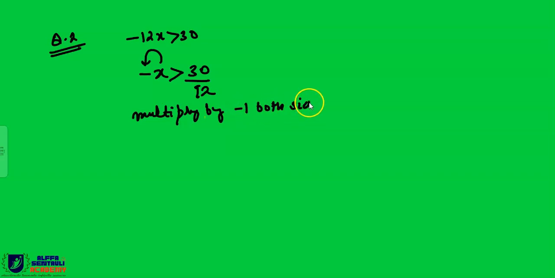When I multiply by minus 1 on both sides, the sign of inequality gets reversed. So minus x was greater than 30 by 12; now if you multiply by minus 1, you get x is less than minus 30 by 12. Understood? This is the catch that you have to keep in your mind.